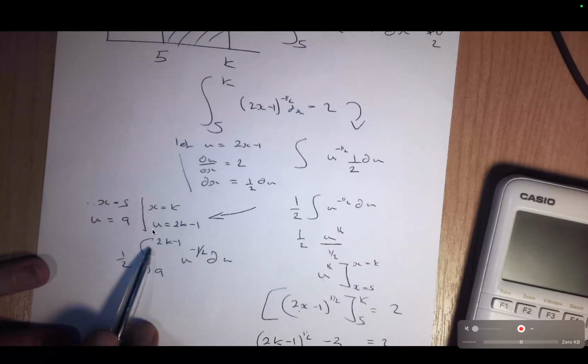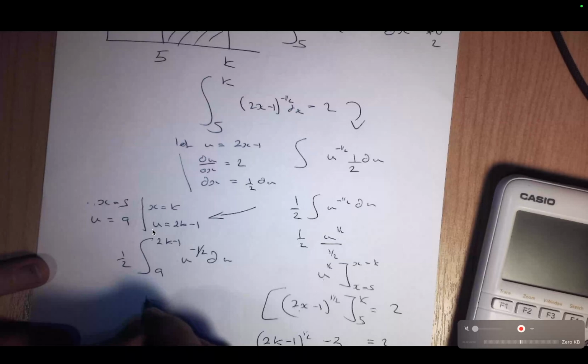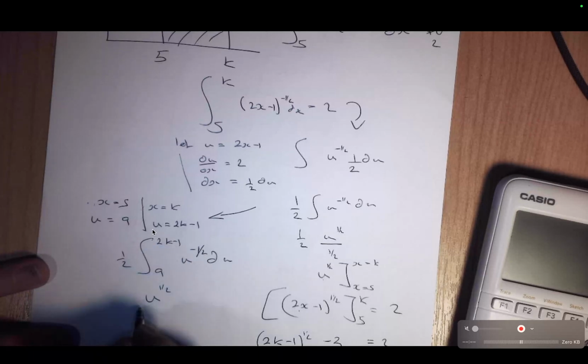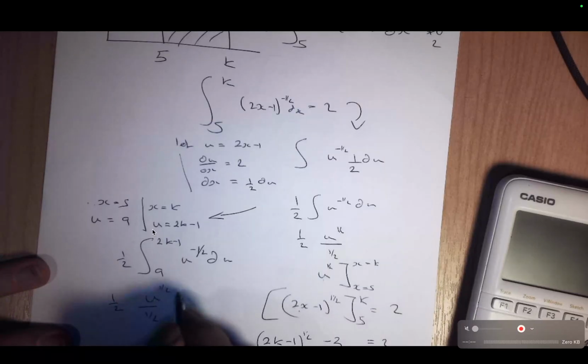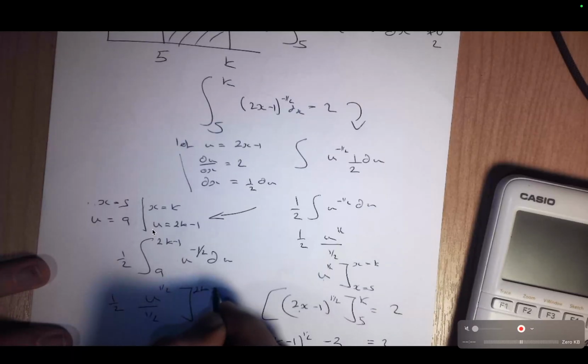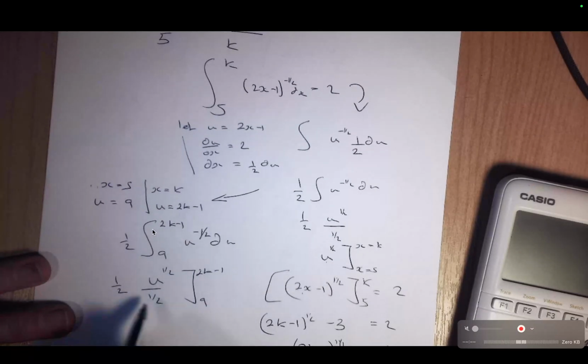Let's see what happens. So the same process, we're going to integrate this. You get u to the power of a half, divided by a half, between 2k minus 1 and 9. Now what happens here? Divide by a half, that means times by 2. The 2s cancel out, so we've got u to the power of a half, between 2k minus 1 and 9.